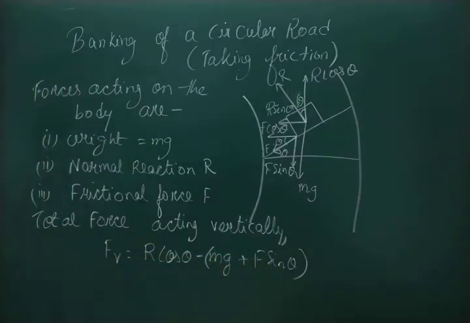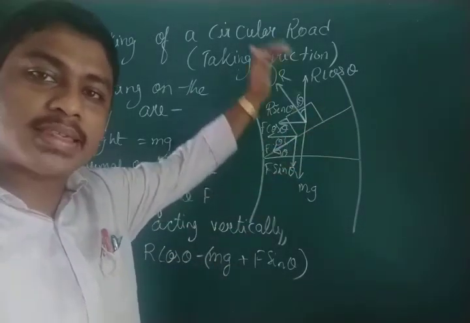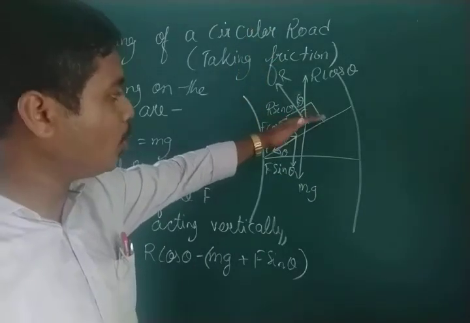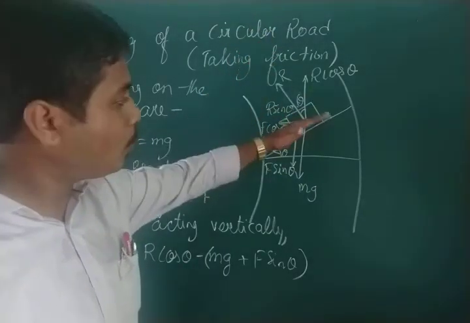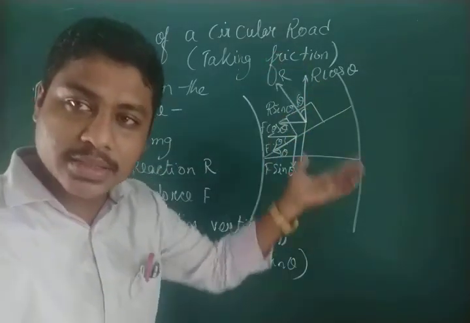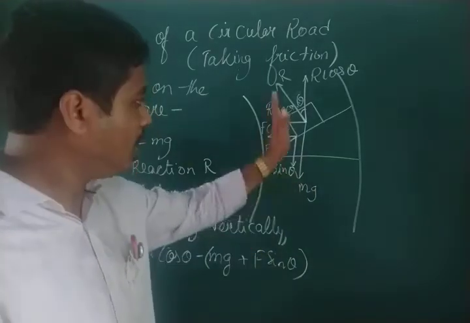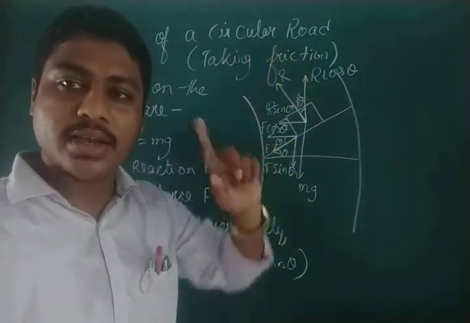Now here, if I consider from the figure, since the object is not accelerating upward, the object is not flying upward, obviously the value of acceleration along the vertical direction will be 0.